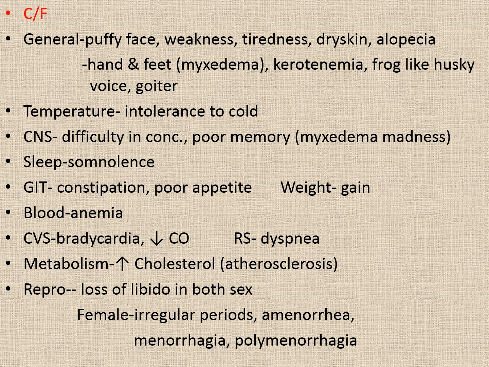I for increase in the weight. S for sensitivity to cold, and H for hair loss or sparseness of the hair. Skin is sometimes dry and yellowish in color. So these are the clinical features of hypothyroidism.